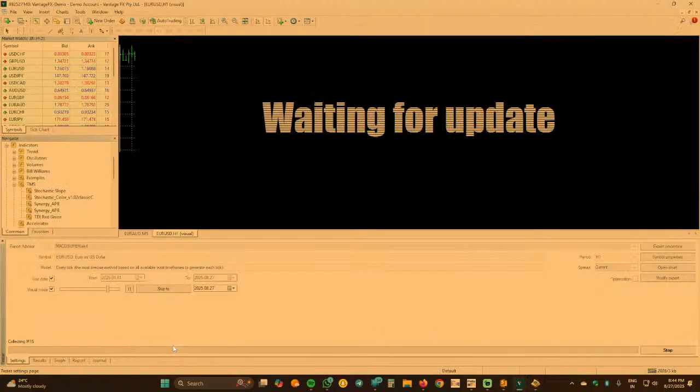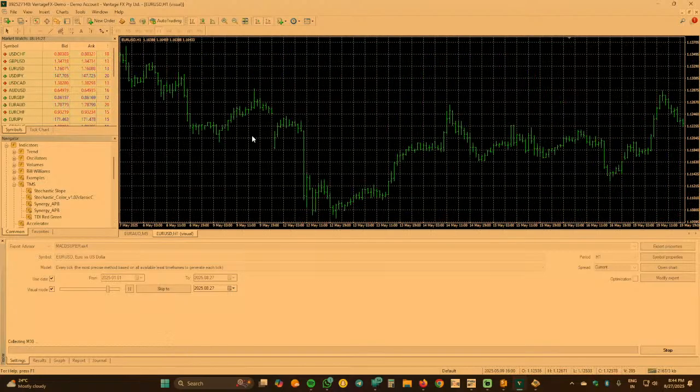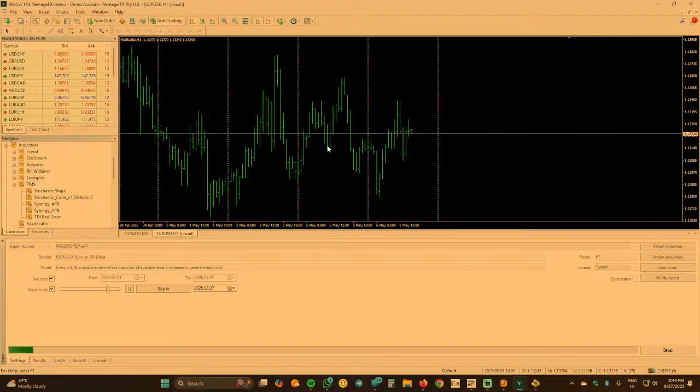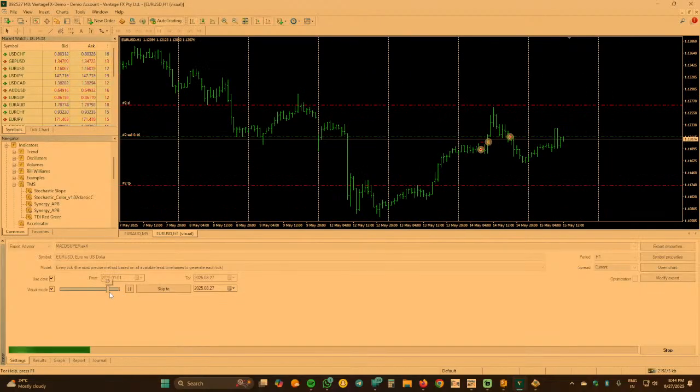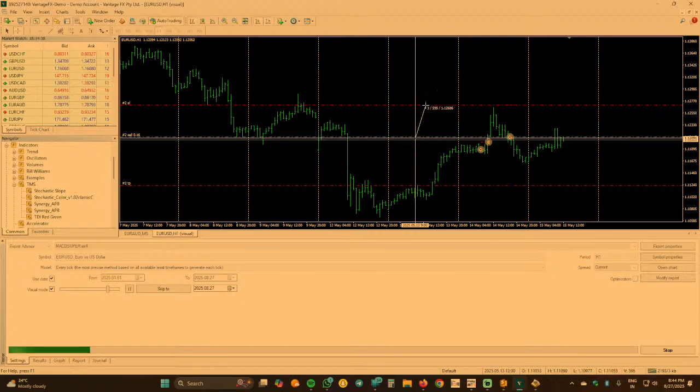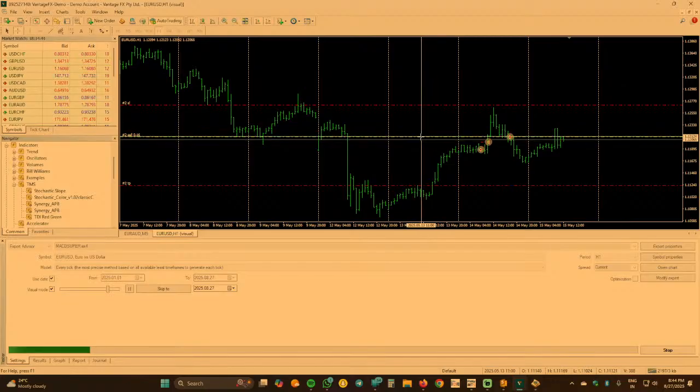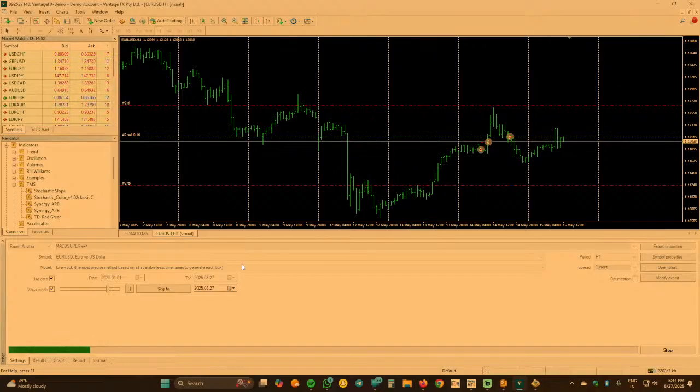So we will be starting the backtest soon. The backtest has already begun. I'll increase the speed just to check if it is executing trades. First of all, let me check if it is 1:1.5. It doesn't look like 1:1.5, but let's continue the test.